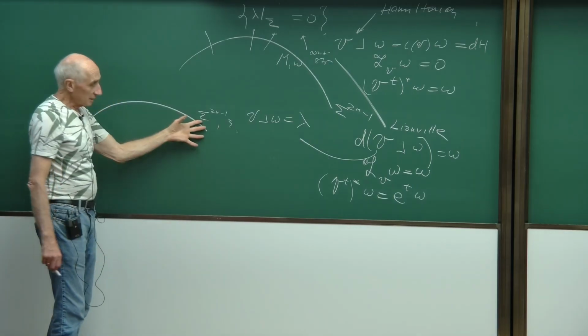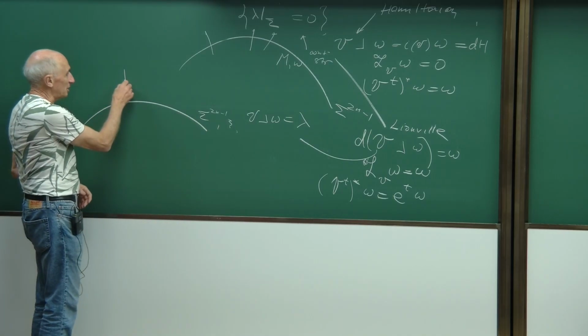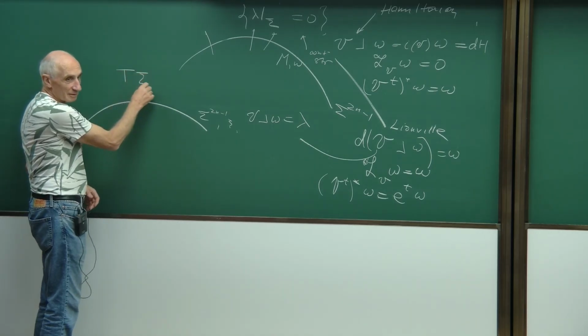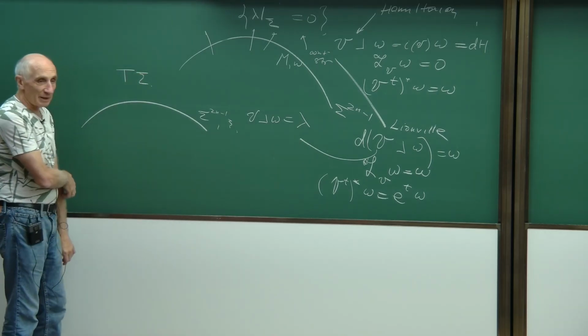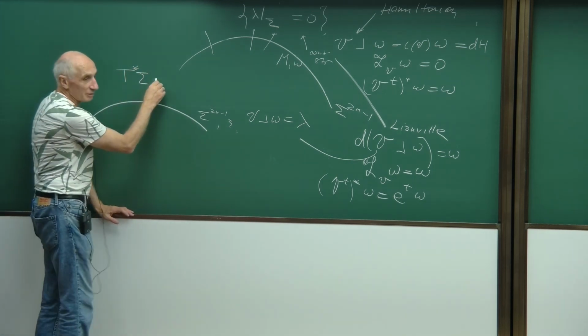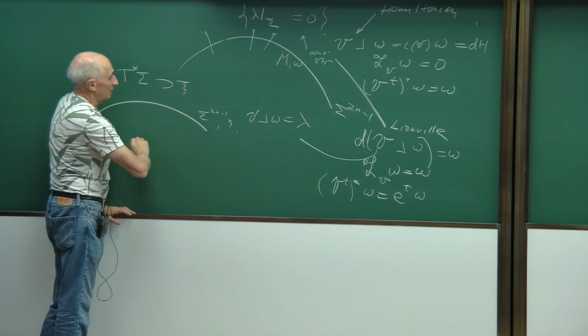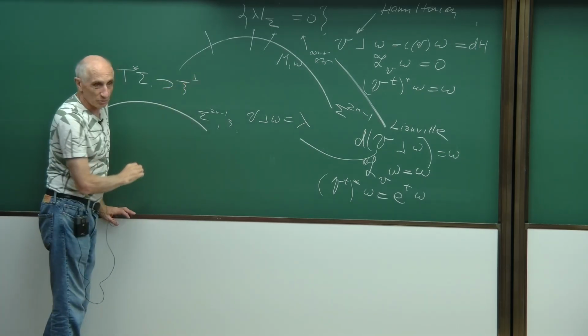So then what you do is the following. You take the cotangent bundle of sigma. And the cotangent bundle of sigma has some canonical line field, which is just the conormal to xi.